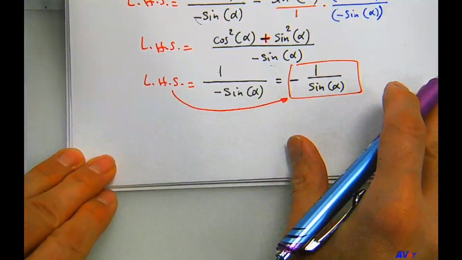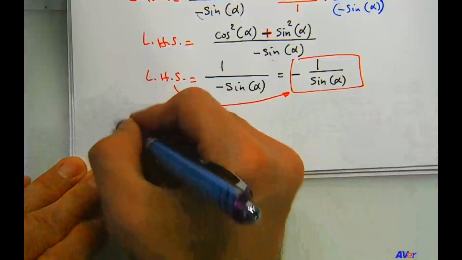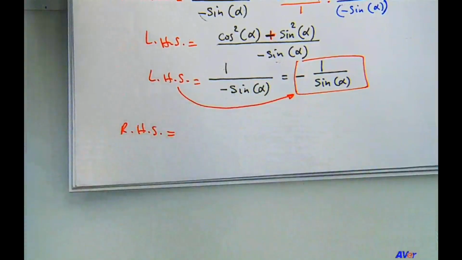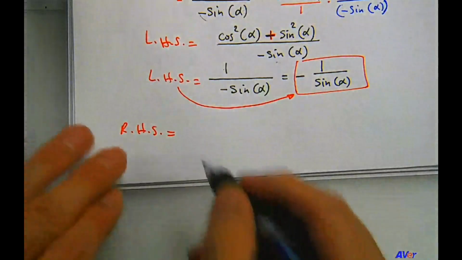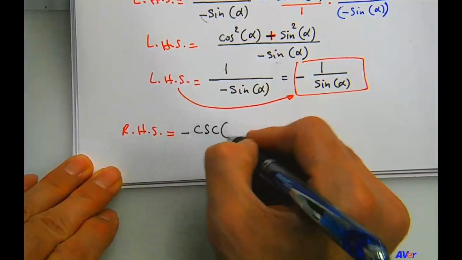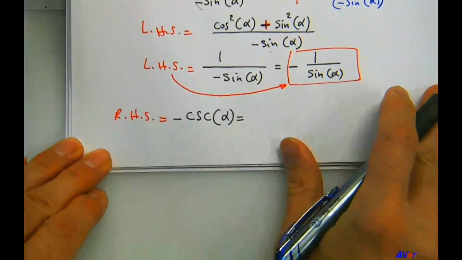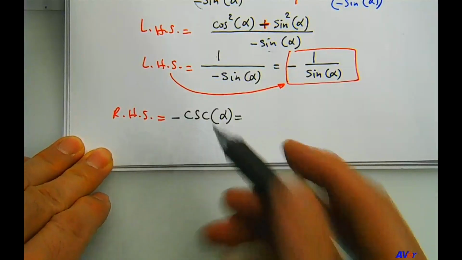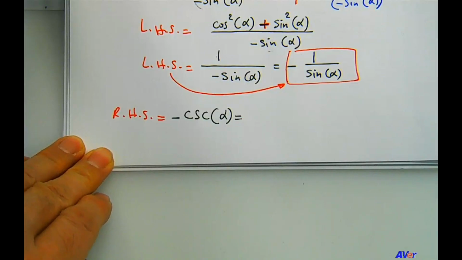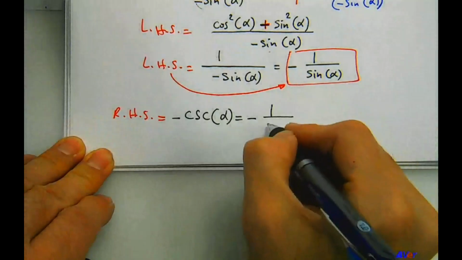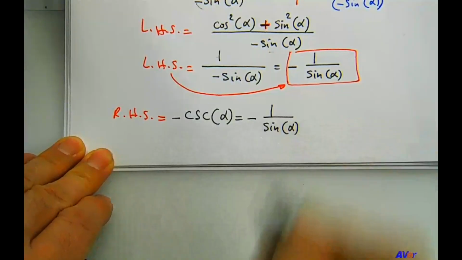So what about the right-hand side? Let's write that down. Right-hand side, it was equal to minus cosecant alpha. Well, cosecant alpha can be written in terms of the reciprocal of which function? Sine of alpha, right? So minus 1 over sine of alpha.